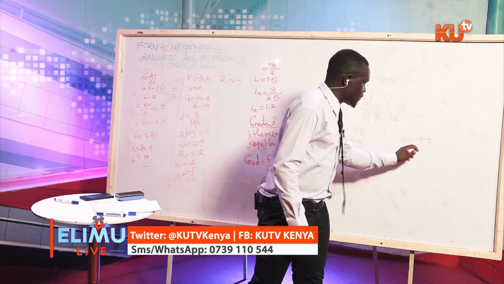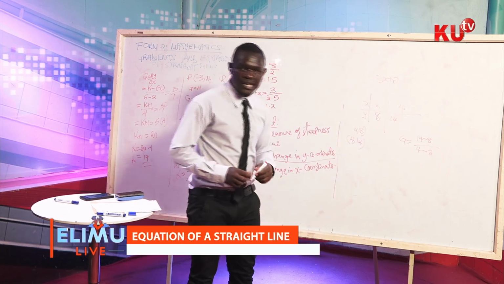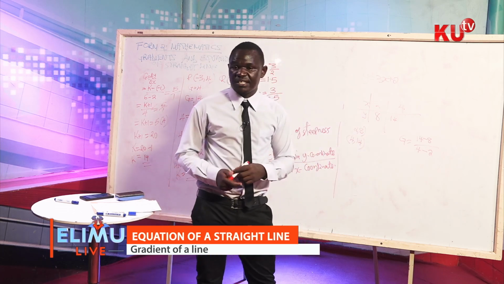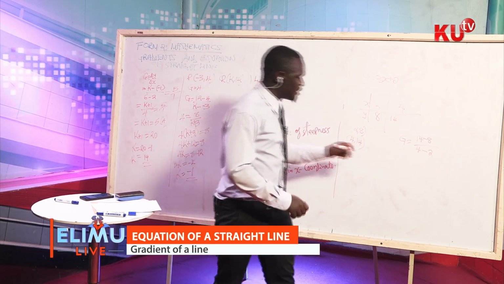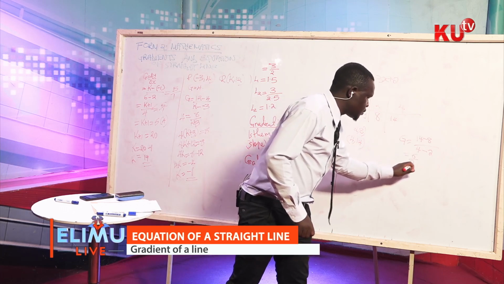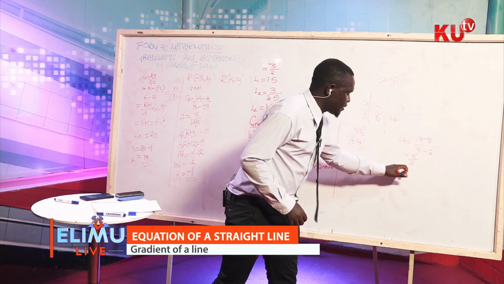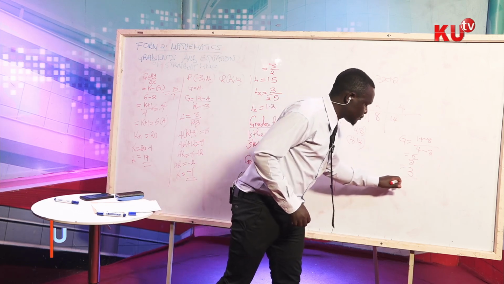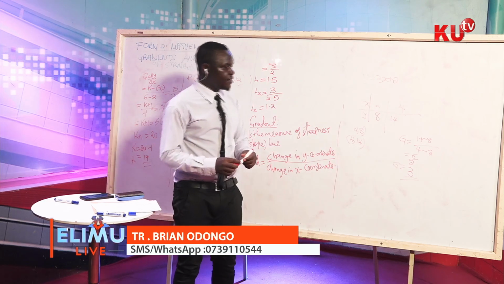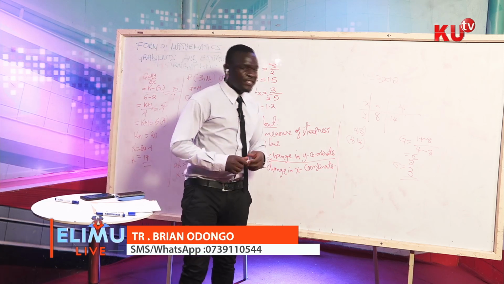Now, 14 minus 8, what are you getting? Yes, you are getting 6. So this is like saying 6 over 2. 6 divided by 2, you'll be getting 3. That will be the gradient of that line.